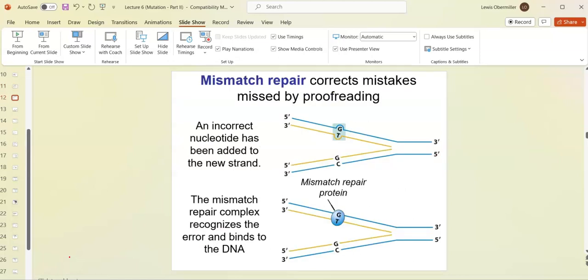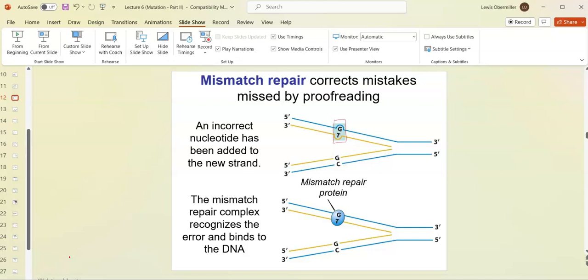So we have mismatch repair. There are enzymes that go around proofing the DNA for mismatches. In this case, it's showing that a G has been incorrectly paired with a T. Remember that the nucleotides have different shapes, and so that's going to create bulges in the double helix.